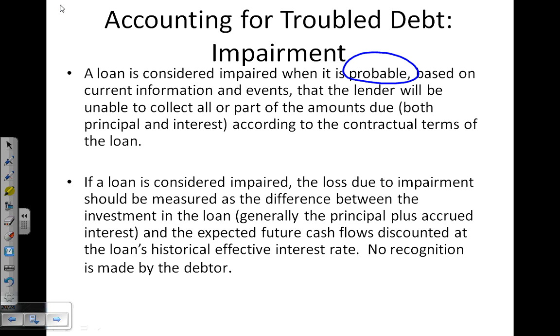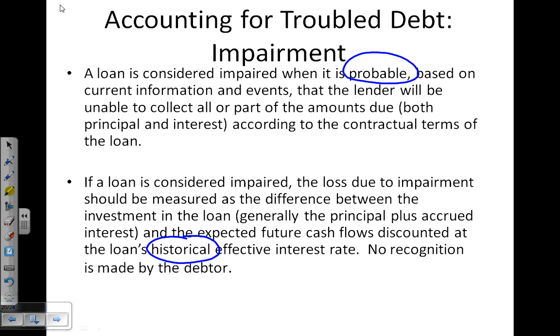The loss due to impairment should be measured as the difference between the investment in the loan, basically the asset today, and the expected future cash flows, discounted at the loan's historical effective interest rate. And this is the key. So we may have a new change in the stated rate, but we always want to use the effective interest rate that was in effect when the loan was initially provided.